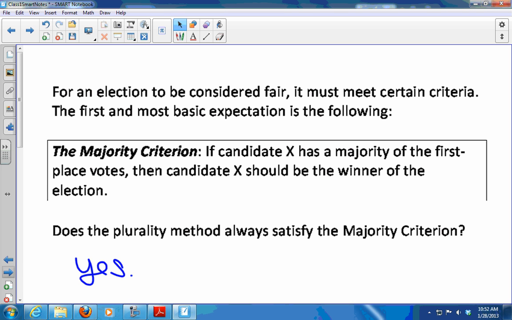We have not violated the rule, right? Let's say a candidate does not get a majority, but wins. That does not violate the rule either. The only way to violate the rule is that someone has to have a majority and lose. That's the only way to violate this rule.